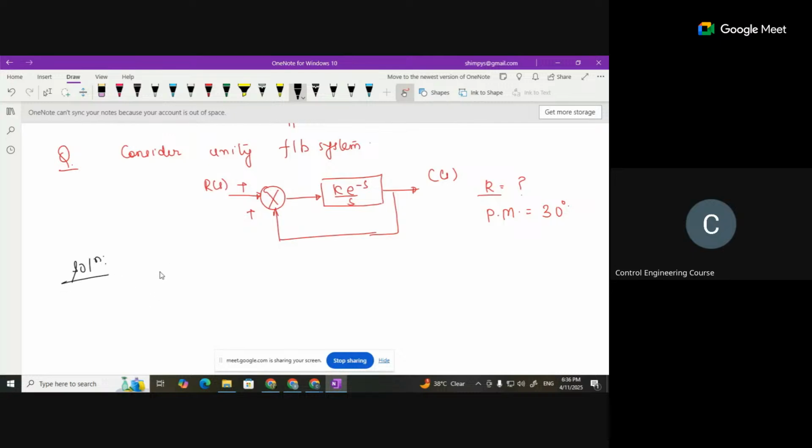So you know the phase margin. You tell me, what is G(s) here? That is K e to the power minus s by s. Fine. How can we write down the phase margin of the system?